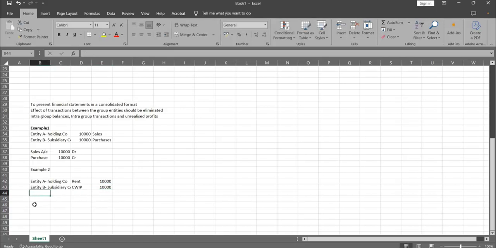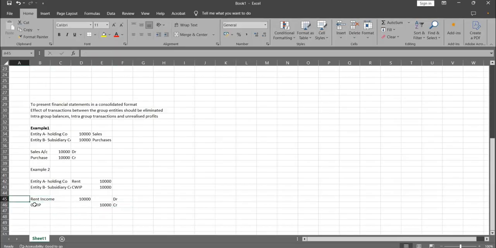Now at consolidation level we will first reverse the rent income in the books of entity A. To reverse this, I will debit rent income by 10,000 rupees and credit CWIP of entity B by 10,000 rupees.